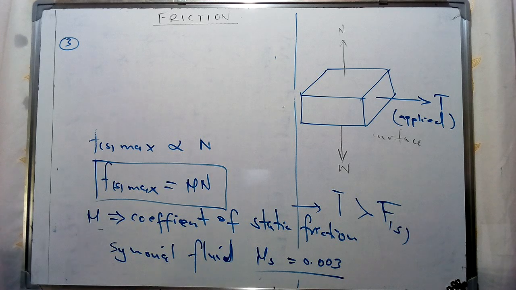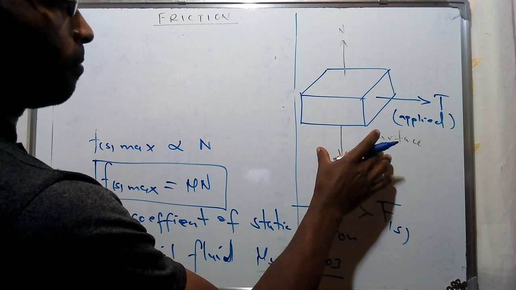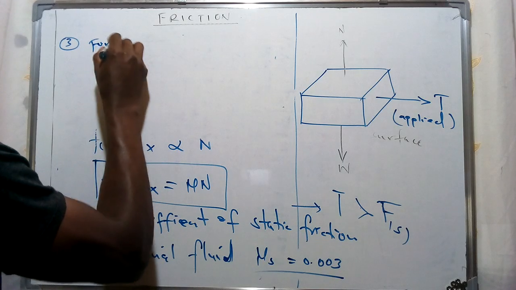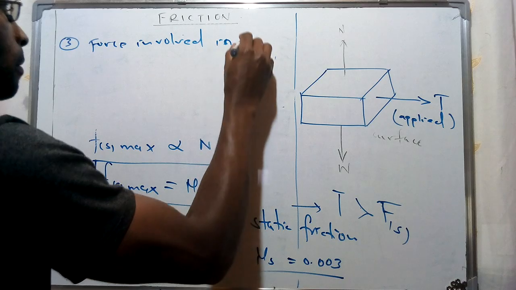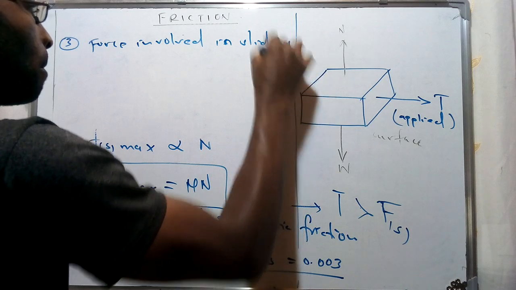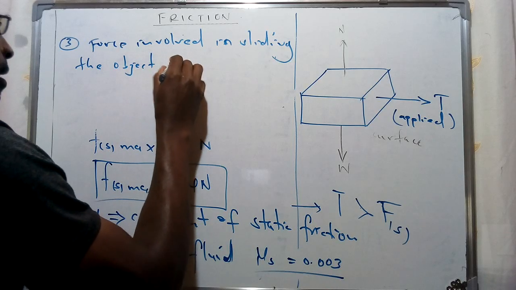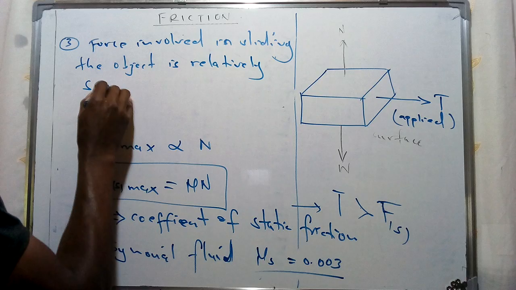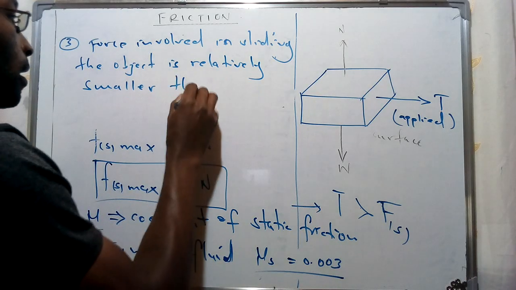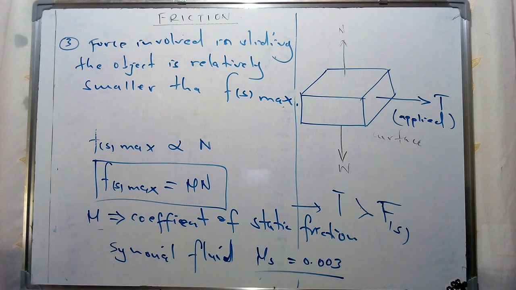So in a sense, this refers to the concept of sliding, whereby the force involved in sliding the object is relatively smaller than this maximum static friction given as that one.